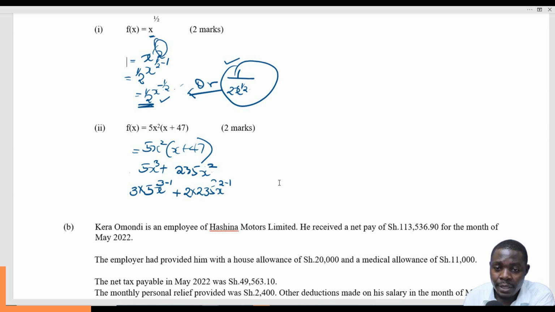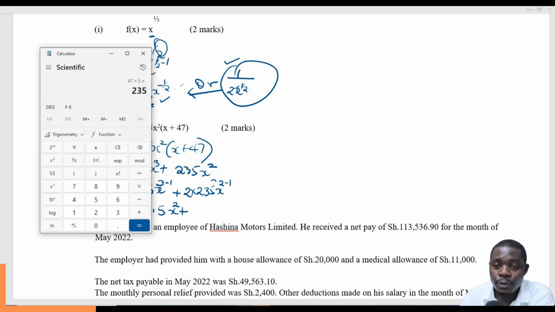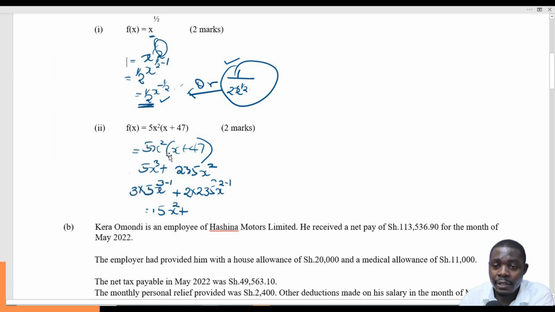Eventually, we remain with 3 multiplied by 5, you get 15x raised to power 2, plus 2 multiplied by 235. If you multiply by 2, you get 470.